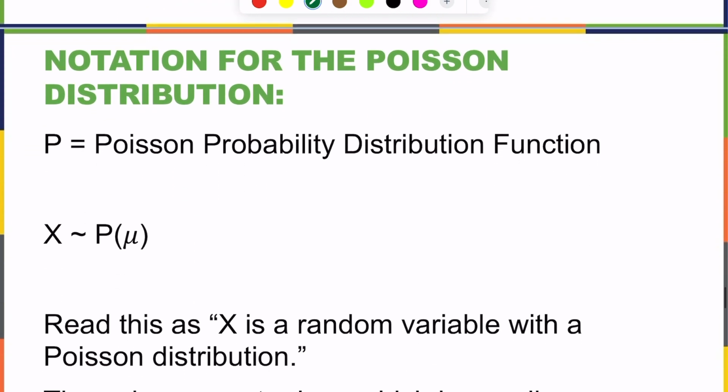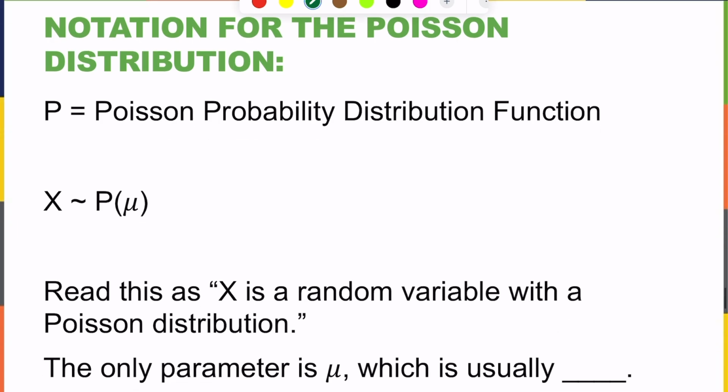Notation for the Poisson distribution. So there's the Poisson probability distribution, and we're going to say X is Poisson distributed with parameter mu. The only parameter is mu, which is usually given.